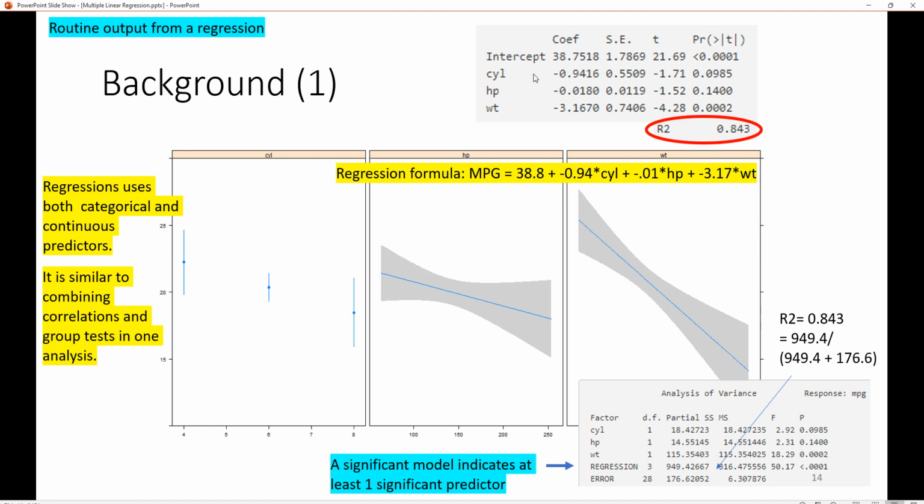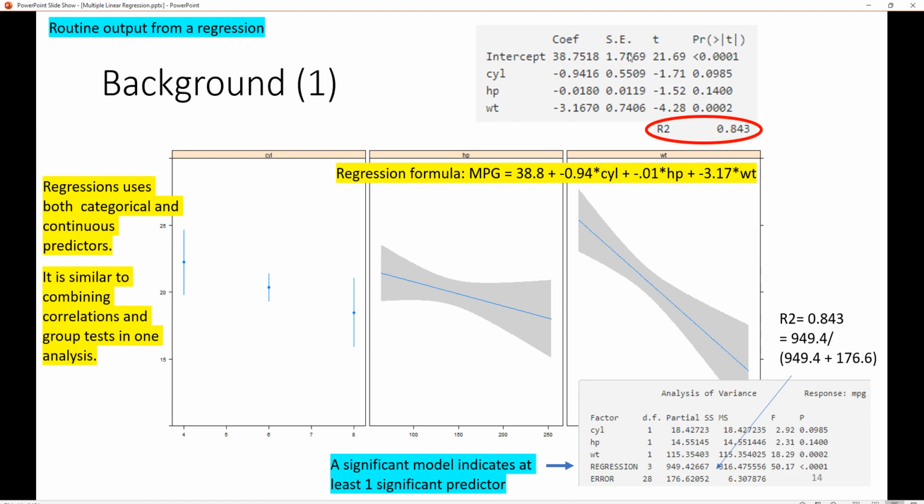So we have 3 values that are negative, so that means that relationship we expect it to go downward, we expect the MPG to go downward as we get larger values for cylinders, horsepower, and weight. Those are the 3 predictors.